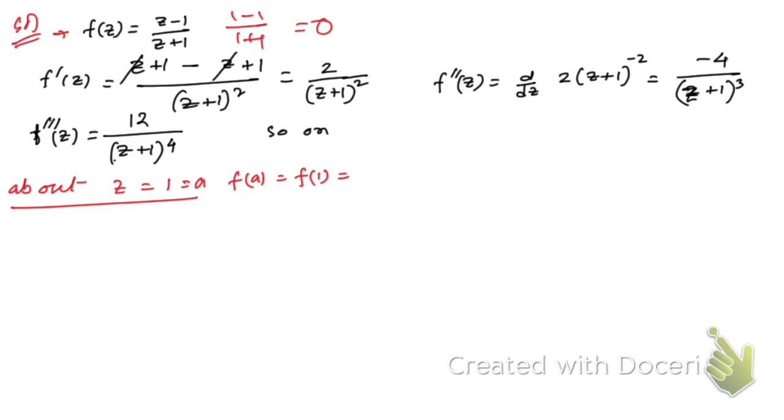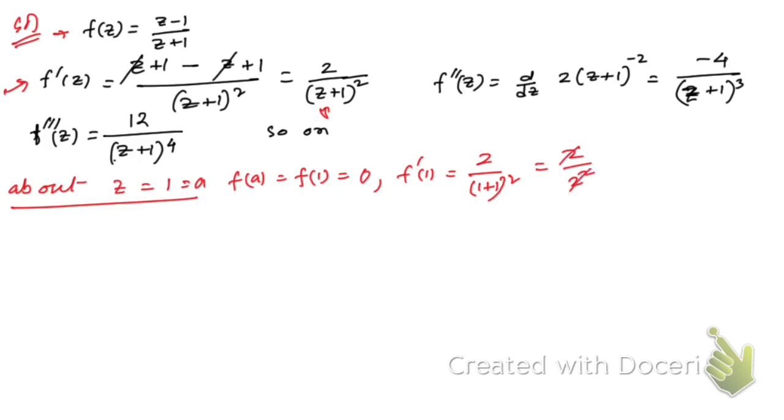If you put z equal to 1, this is 0. Then f dash of 1, if you put z equal to 1, is going to be 2 by (1 plus 1) square, that means 2 by 2 square.